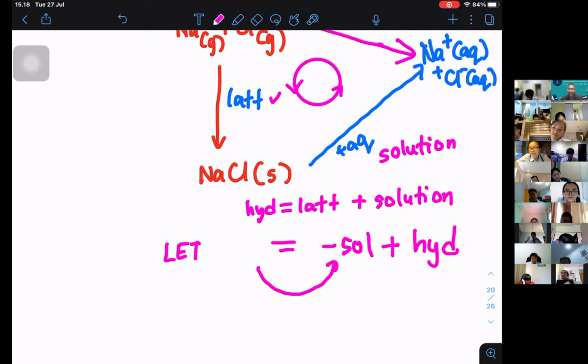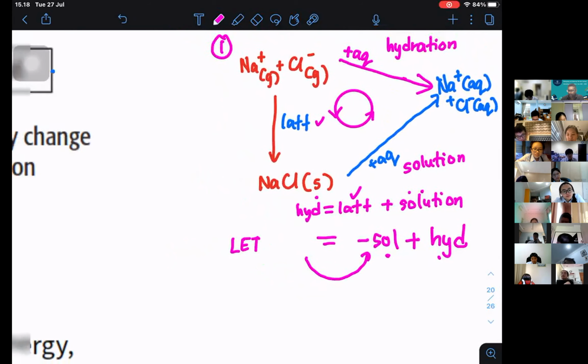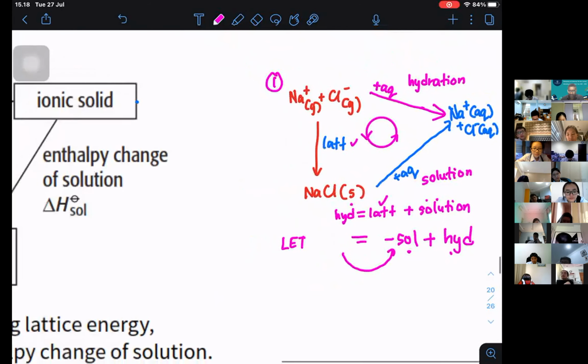But to test whether it's correct or not: lattice energy, if you bring solution over here, hydration minus solution. So up to you how you want to remember. But I will also tell you, remembering let your soul go and hide will only be useful at the beginning.